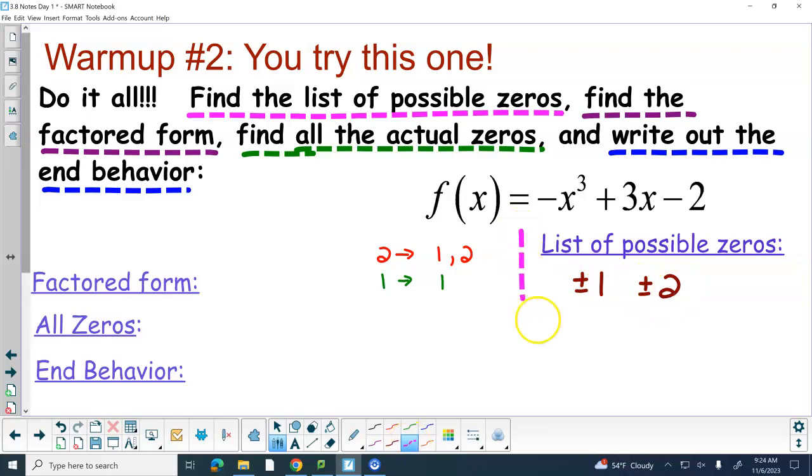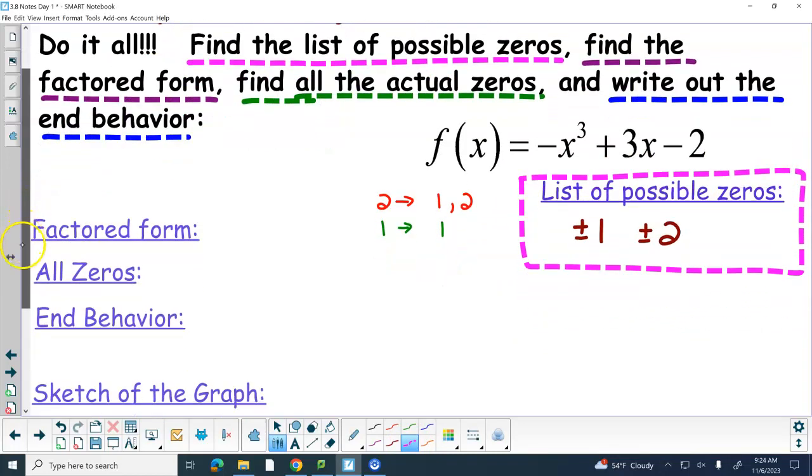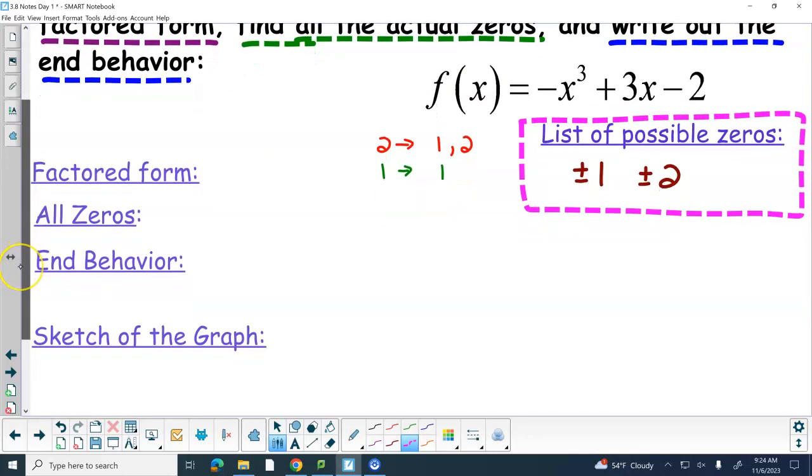Agree with that? Did somebody find one of those that worked? Positive 1? Yes. Positive 1 works? Okay, so let's go with 1 then.